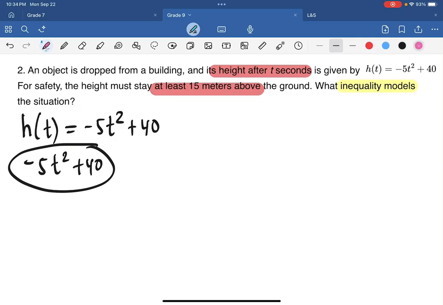When we talk about the words at least, it means that 15 is also included, so it is equal to 15. And we also have above the ground, so we're going to use greater than or equal to 15.